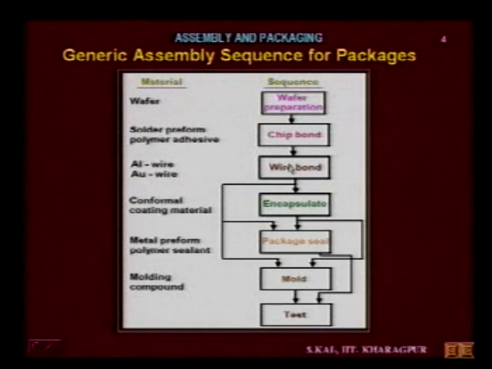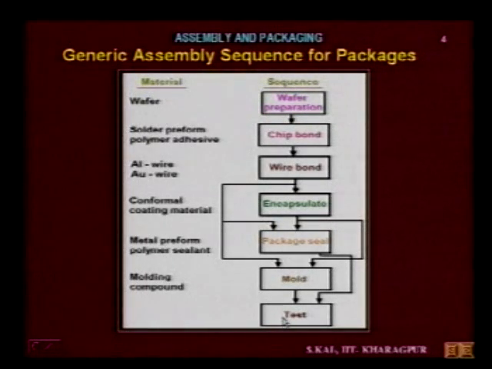After wire bonding is over, then we encapsulate the chip. That means we cover the chip, and after covering the chip, then we seal the package. See, after covering by the top layer of this package, then we seal it, and then it is going for test. After encapsulate, then package seal, then going for test.